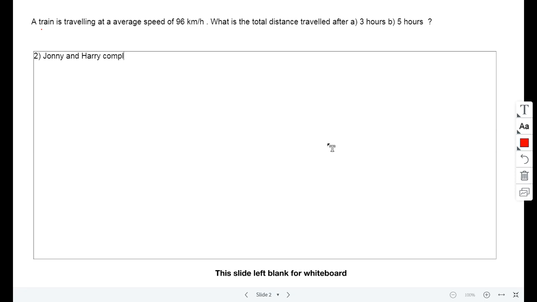Competed in a 200 meters bicycle race. Johnny cycled at a speed of 5 meters per second.